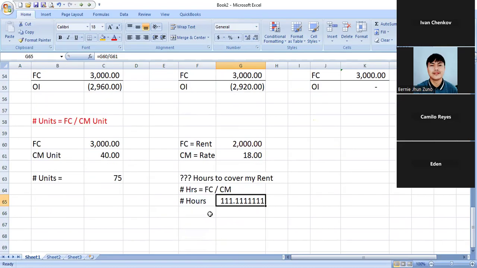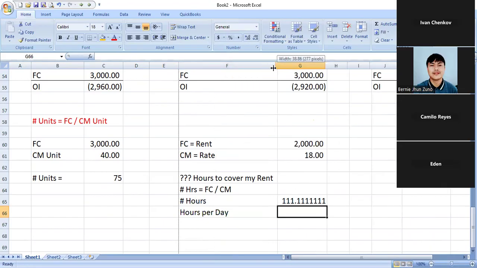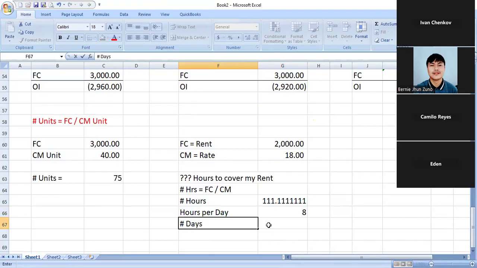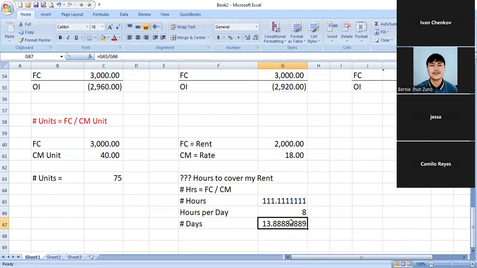So how many hours do you work per day? 8 hours. If you're working 8 hours per day, how many days? 14 working days.